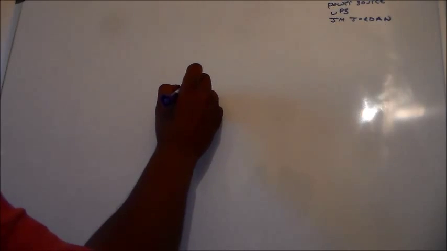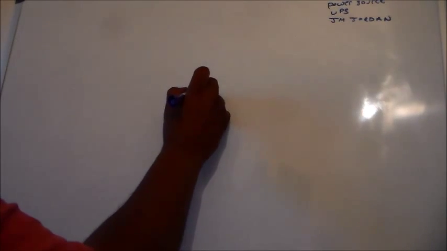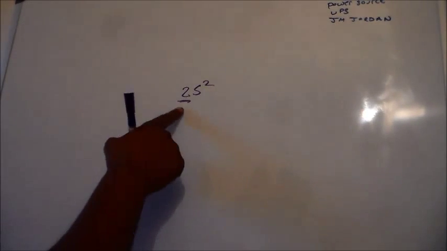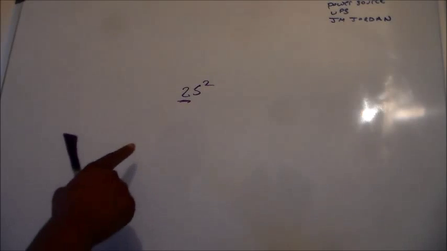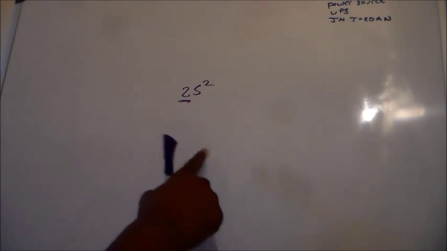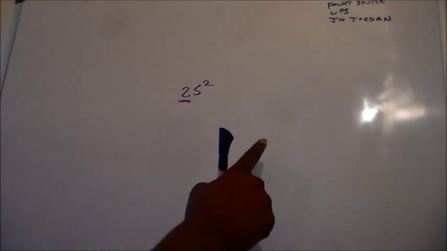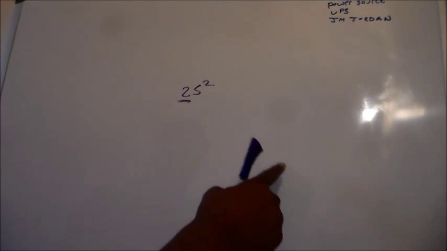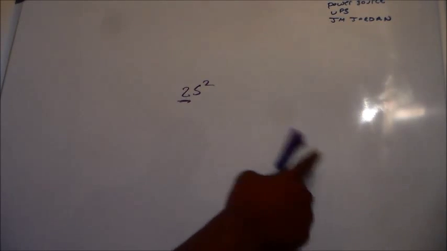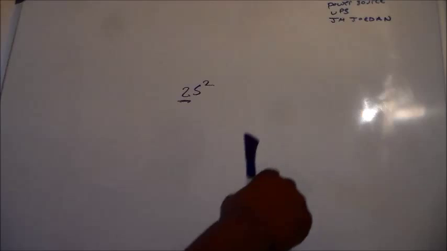Okay, so let's say 25 squared. Now, how do we do this? Just look at the first digit. The next consecutive number, if we were counting: 2 is after 1, 3 is after 2, 4 is after 3, 5 is after 4, 6 is after 5, 7 is after 6, 9 is after 8.